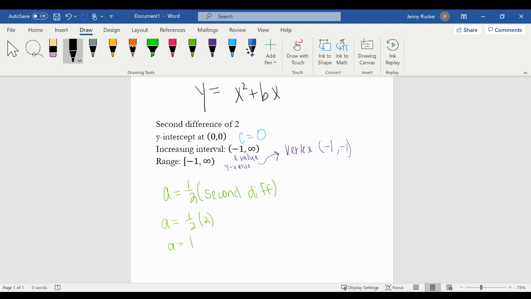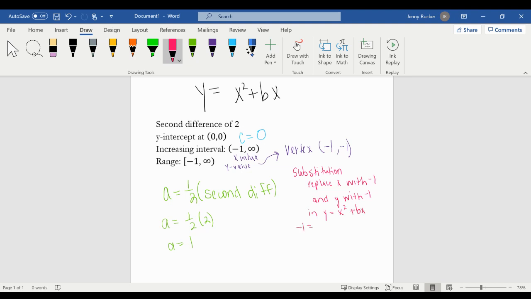If I wanted to use substitution, I will replace x with -1 and y with -1 in y equals x squared plus bx.